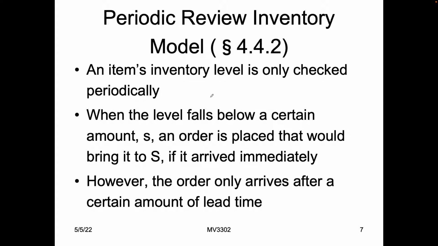So the rule here is that we're not going to continuously be monitoring this thing. We're only going to periodically be checking it. Why? That's a story for another day.